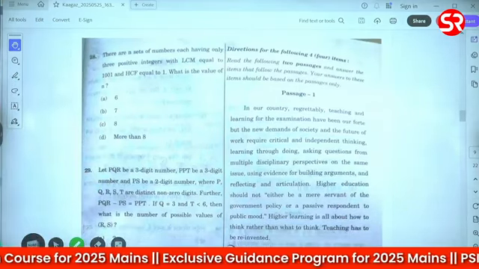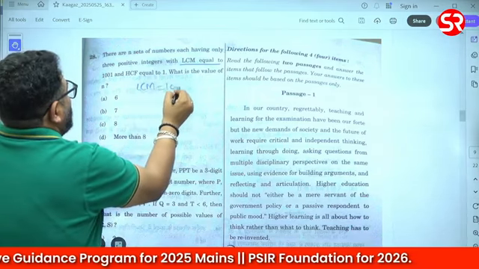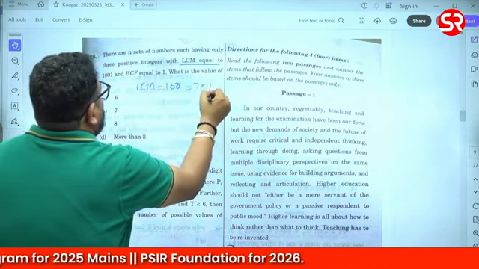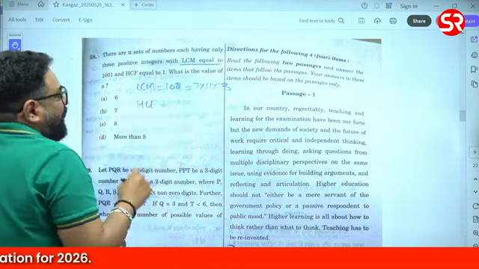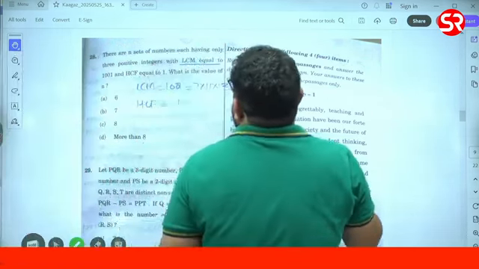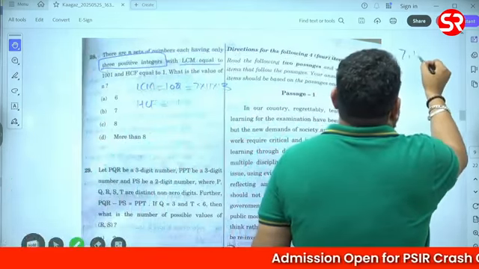again LCM is 1001, which is 7 into 11 into 13, and HCF is 1. How many such sets are there having only 3 positive integers? एक तो यही हो गया 7 11 and 13.